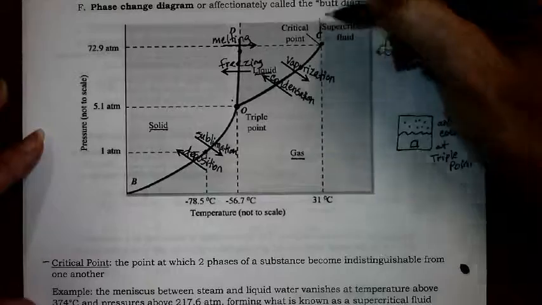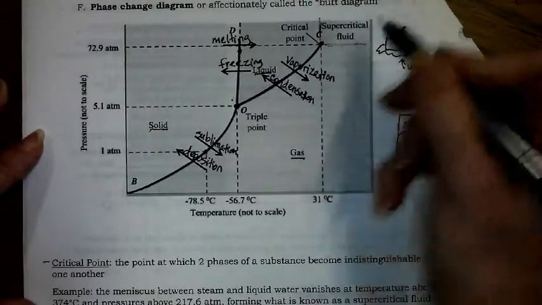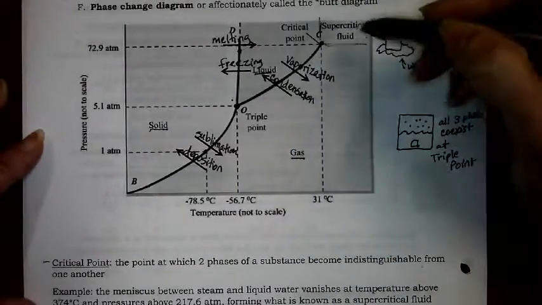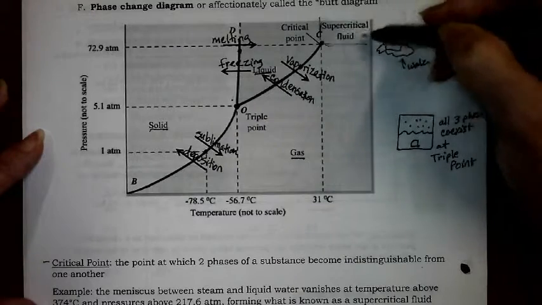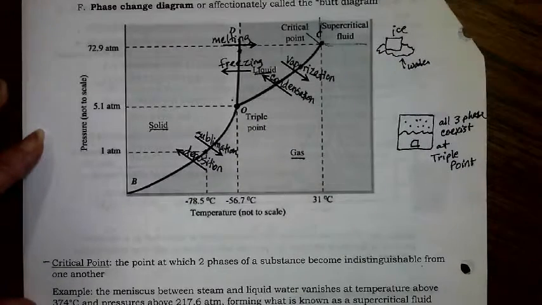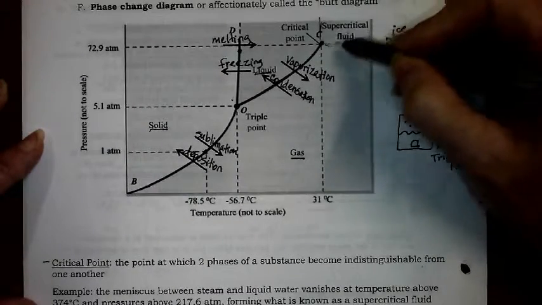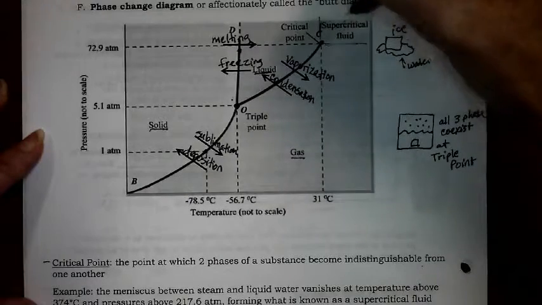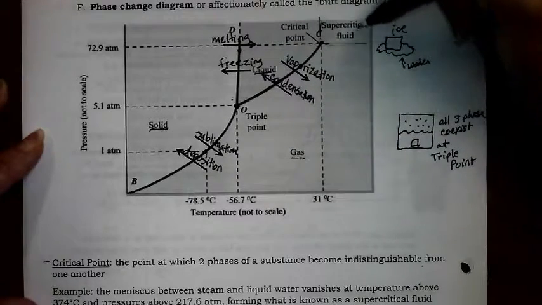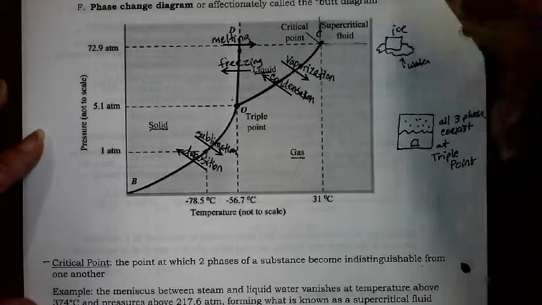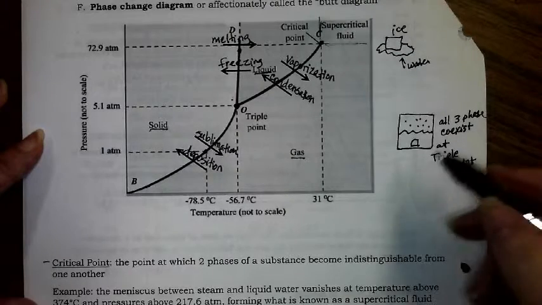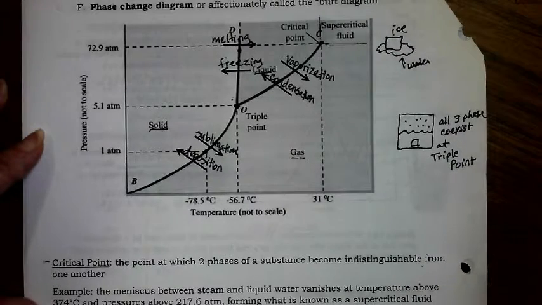You reach an area up here to the upper right of the critical point called a supercritical fluid. It's really interesting once you get past this point, because it acts not just as a liquid and not just as a gas. It looks kind of like a haze, and you can't tell the difference between a liquid and a gas.